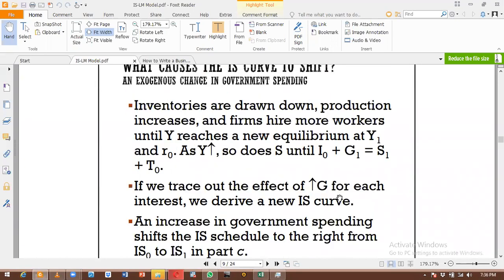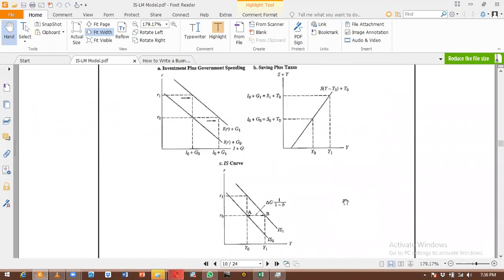Please go over again. Okay. We are trying to look at the effect of a change in government spending or tax on the IS curve. We are starting from here. Initially, this was the level of investment, I0, and then government expenditure J0 with an interest rate of R0. So this was the initial IS curve, IS0. Now there's an increase in government spending.